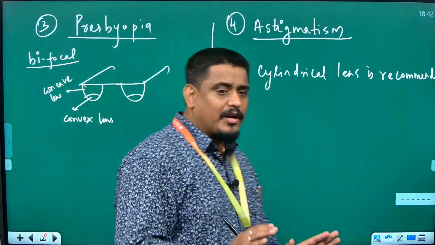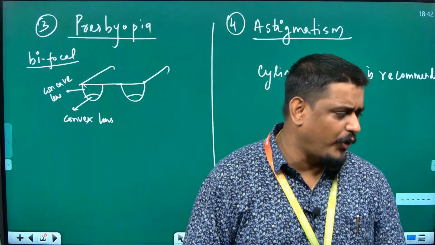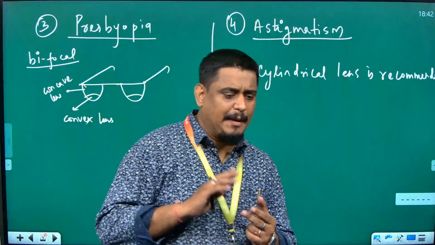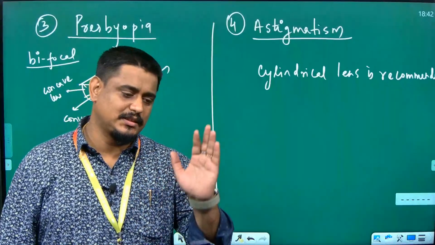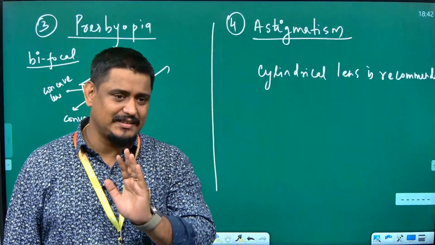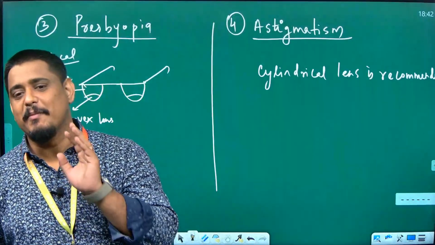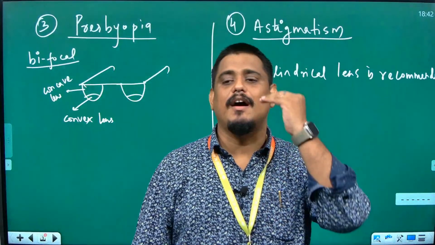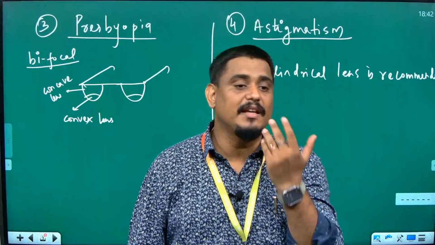I hope you are now understanding the different types of eye defects. From the exam point of view, myopia and hypermetropia are important. Myopia is near-sightedness, where we are able to see near things clearly and far things are not visible. We use a concave lens for its correction.